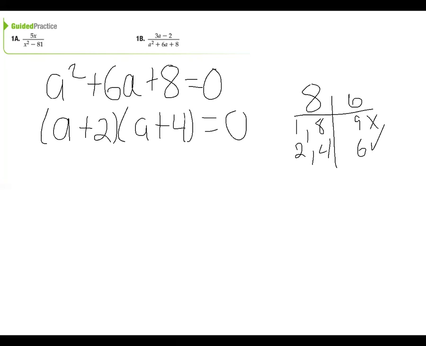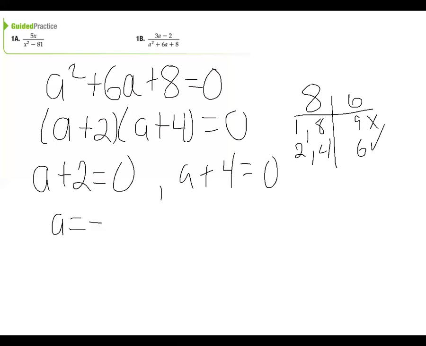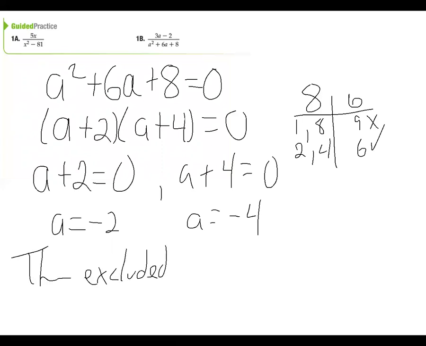So then you set each factor to 0. A plus 2 equals 0. A plus 4 equals 0. So a equals -2 or a equals -4. And the excluded values are a equals -2 and a equals -4. Okie dokie. All right.